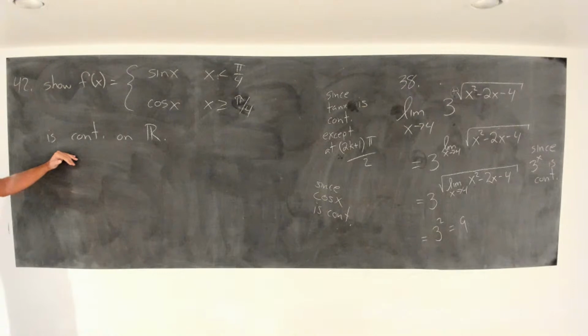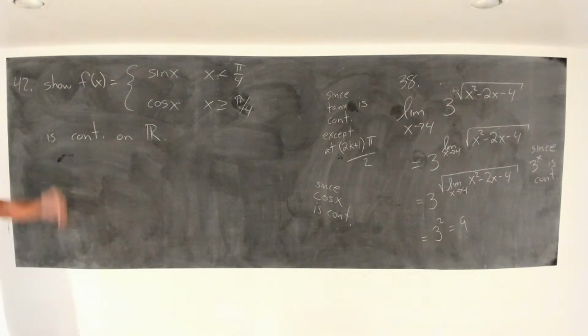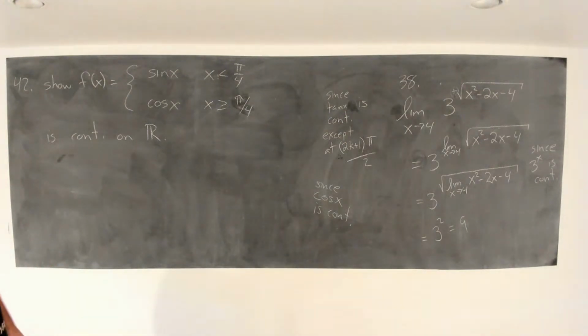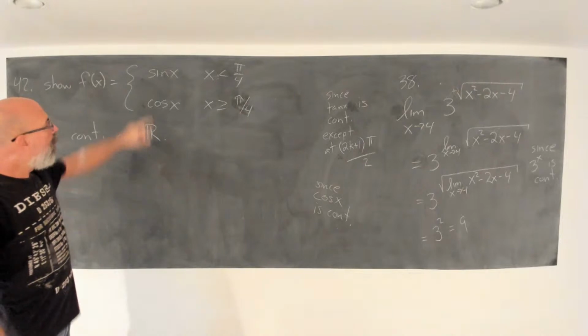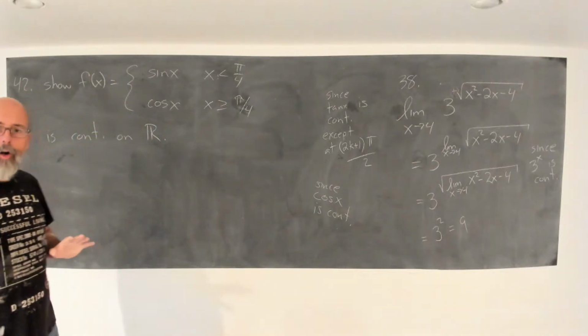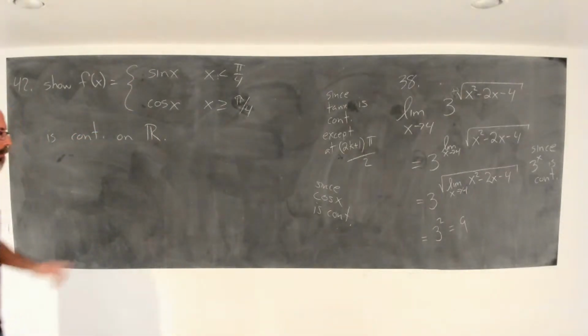Show that this function is continuous on all of R. Immediately, you know that sine and cosine are already continuous functions.